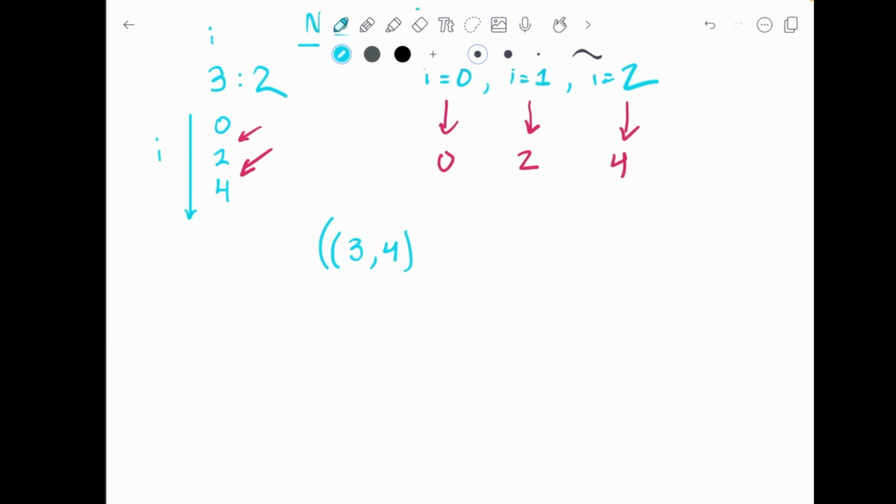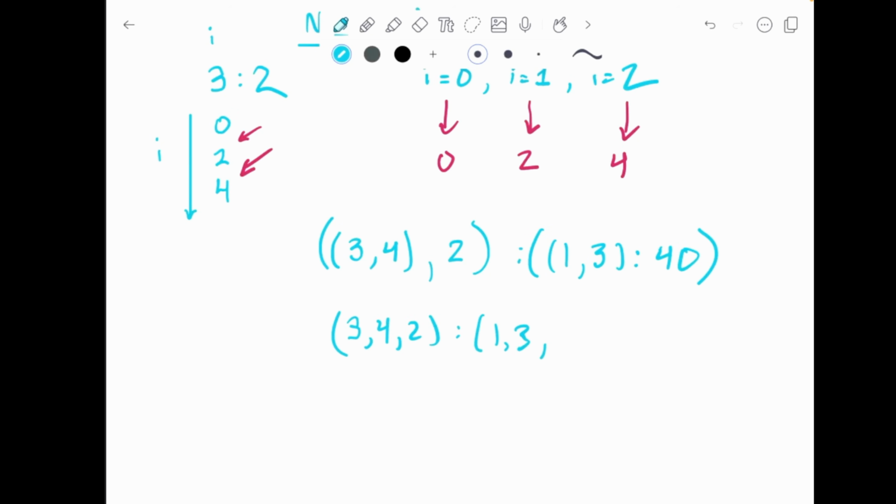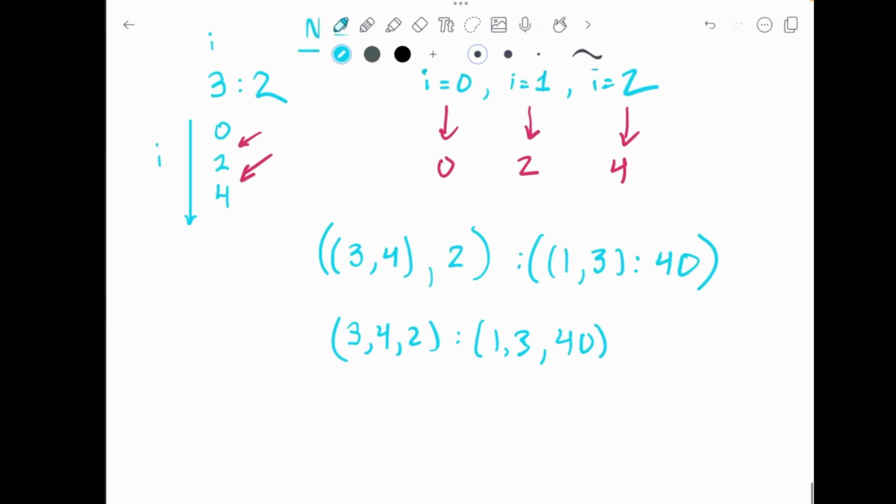I don't have a way of representing in the picture the difference between, say, this one, which I'm just picking at random, and its flattened version, like 3, 4, 2, 1, 3, 40. My picture would not distinguish between these two, but they are logically different in the program, obviously. So flat ones don't look any different in my way of drawing it.